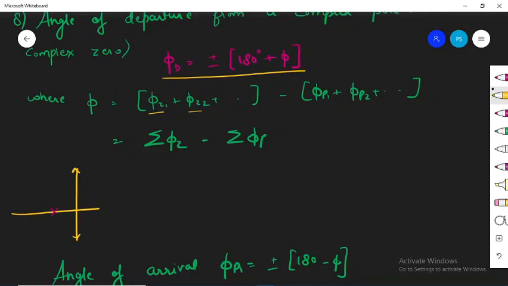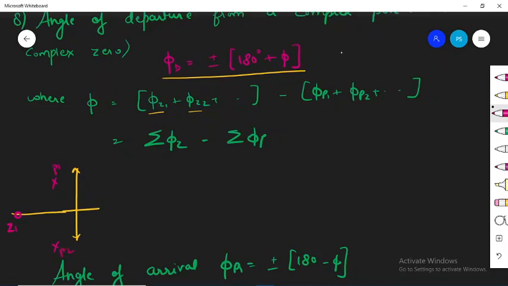So if you had any system, let me take a simple system where you have this pair of complex conjugate poles, and you have one zero over here, which I'll mark as z1. I've got this pole as p1 and another pole which is p2.